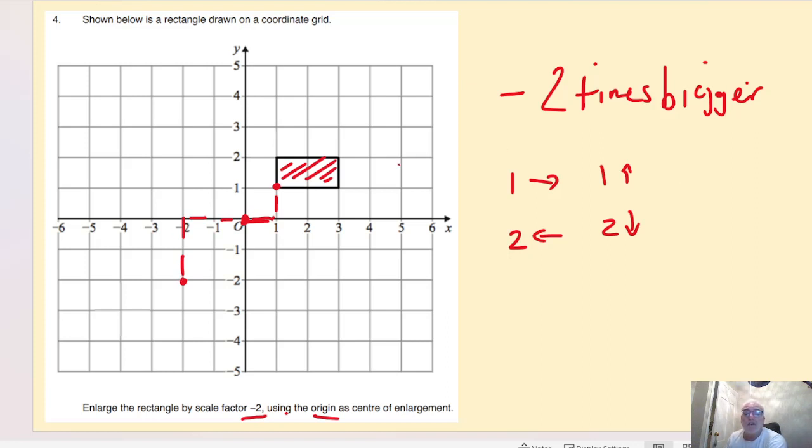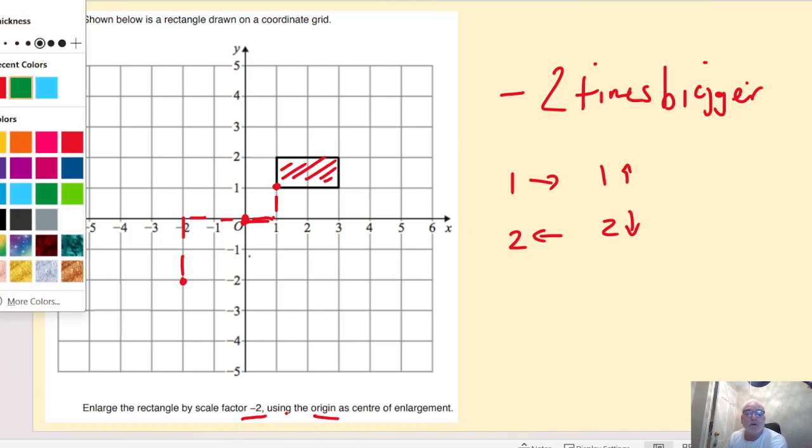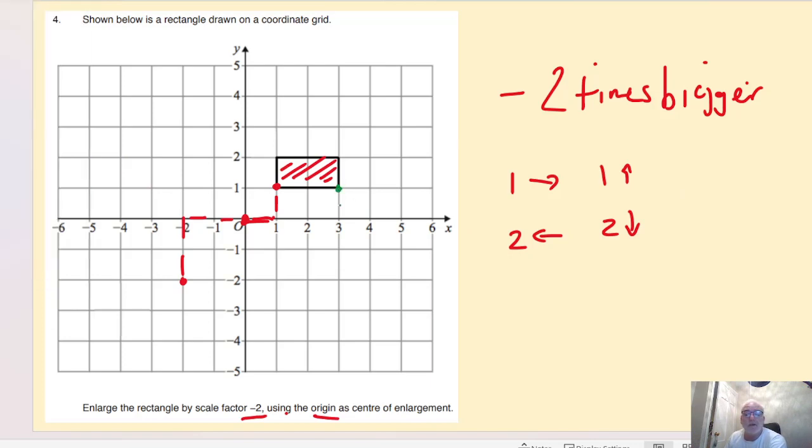Let's look at the next point. Let's pick this other one on the bottom here. Now we've gone 1, 2, 3 to the right, 1 up. So let's then multiply that by 2.